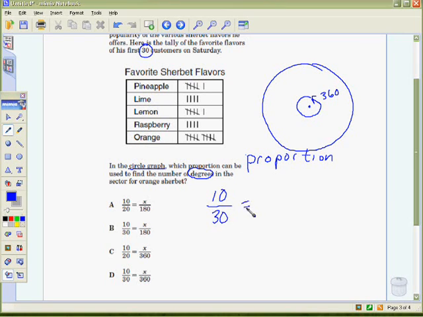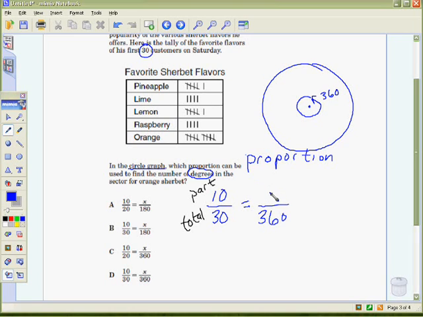So 10 out of 30 is equal to, now, as I was saying before, you have to be careful what you put on top and on bottom. I have my part on top and I have the total on bottom. So if I have that set up this way on the left side of my proportion, on the right side I have to do it the same way. The total in degrees of the circle is going to be 360, so that must go on bottom.